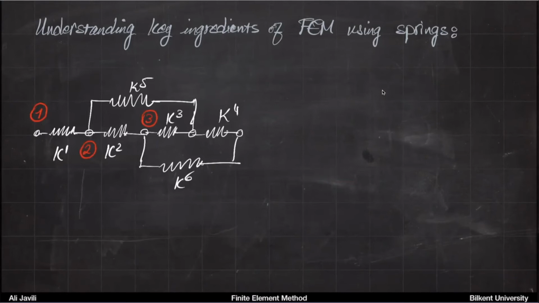These are usually related to geometrical locations rather than personal taste for numbering. Okay, so this is 1, 2, 3, 4, 5. So you have 5 nodes. You have 6 springs, and we want to calculate the stiffness. Now, what do you think would be the size of the stiffness matrix here? 5 by 5. Yes.